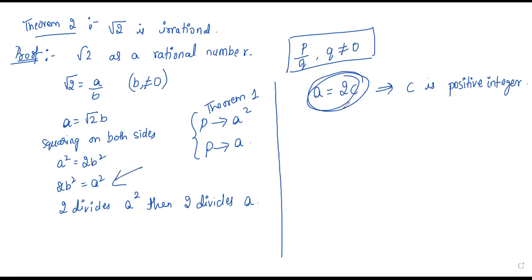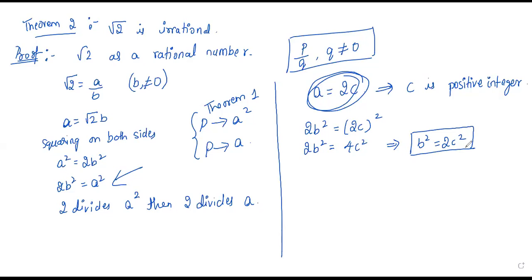So I get 2B square is equal to, in place of A, 2C whole square, which is 2B square is equal to 4C square. Correct? Which implies B square is equal to 2C square.